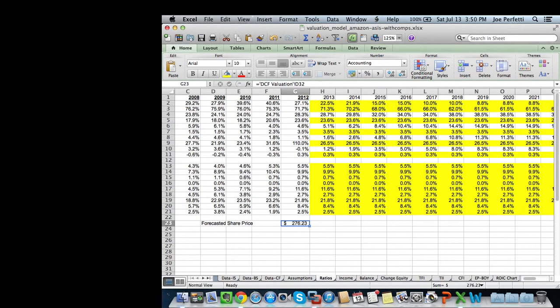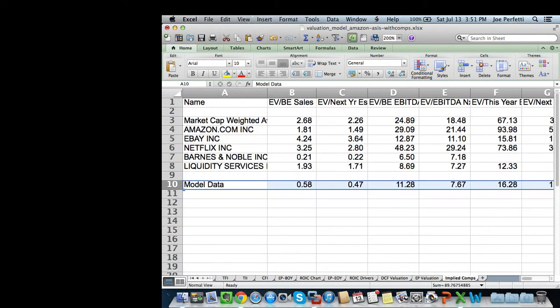If in these out years I made this 70% and got a $110 share price, then notice that these implied comps would be dramatically different. Just as our assumptions are changing the share price, our assumptions are also changing the multiples. And what we're doing is linking these two methodologies together, because they have to be.